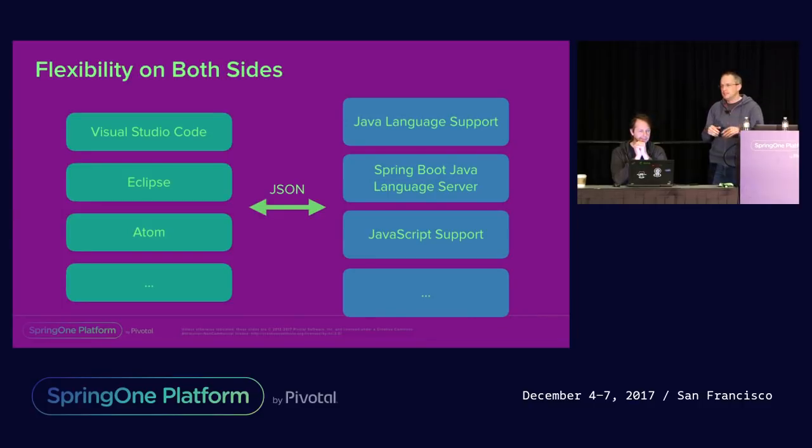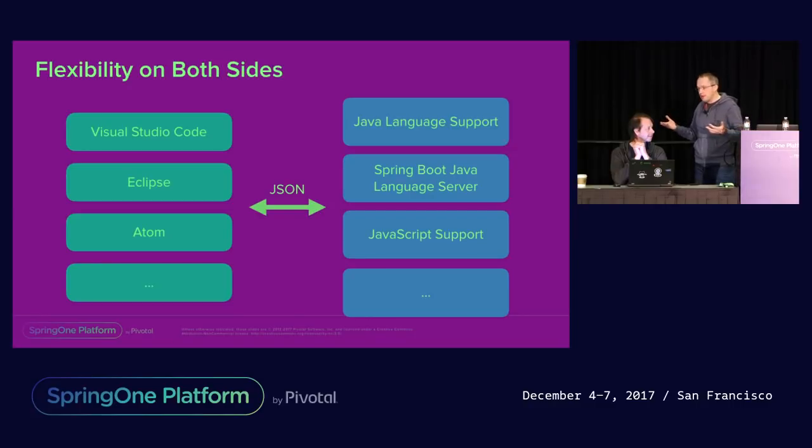And you get this flexibility, especially for us as Spring tooling guys. We get the flexibility that we built the language server, and we don't really care what's on the other side. That's Eclipse, VS Code, Atom, and maybe 10 other IDEs in the future that are going to support the language server protocol. You more or less get the Spring tooling for free. You need to write a tiny little bit of glue code, of course, to inject that there, but a very tiny little piece of glue code.